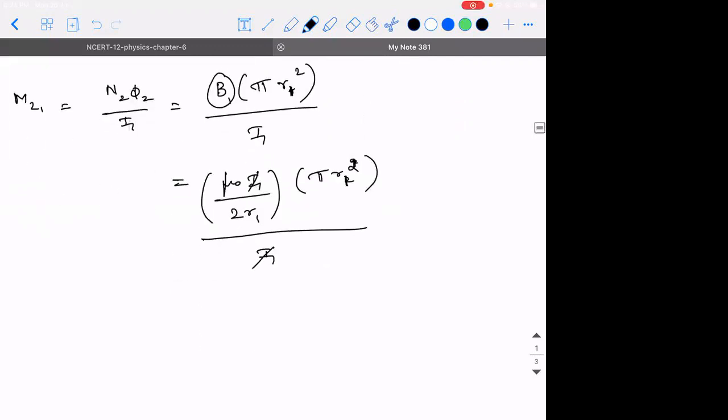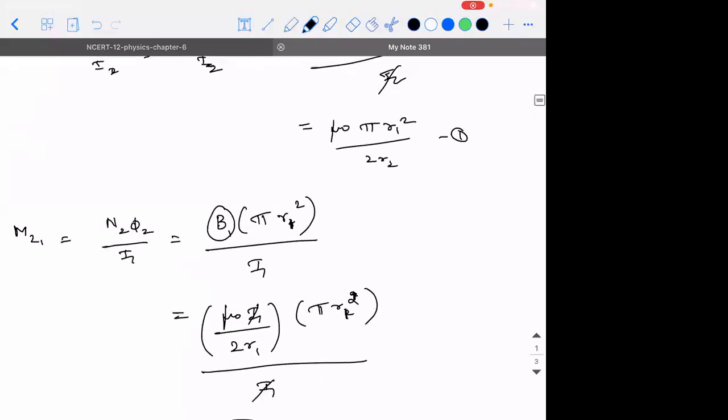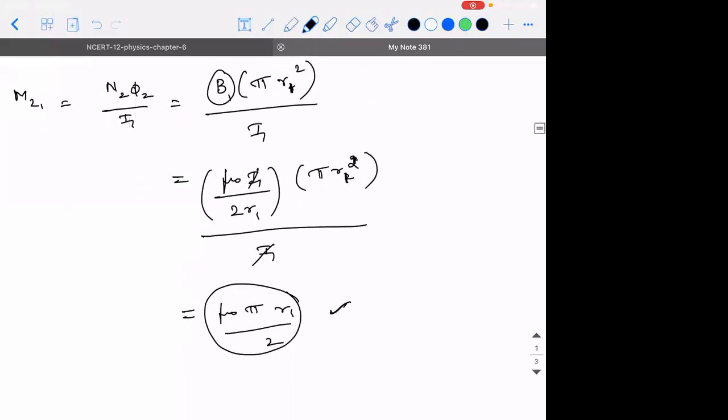This and this will get cancelled. Mu naught pi R1 divided by 2. This should be the answer. But dimensionally, yes, it's right only. Mu naught pi R1 divided by 2 should have been the answer. But I will check again, okay? I'll check it once again, why they did it like that, and I'll let you know. Is it clear?